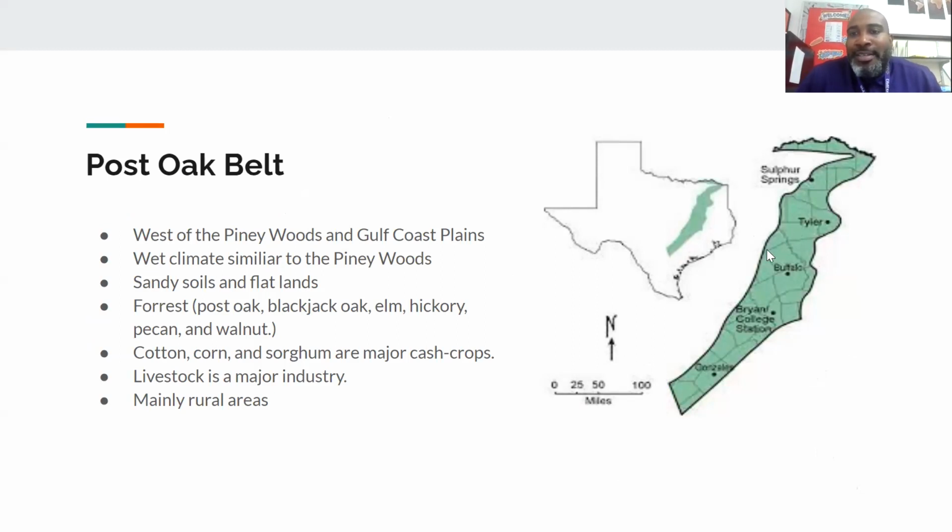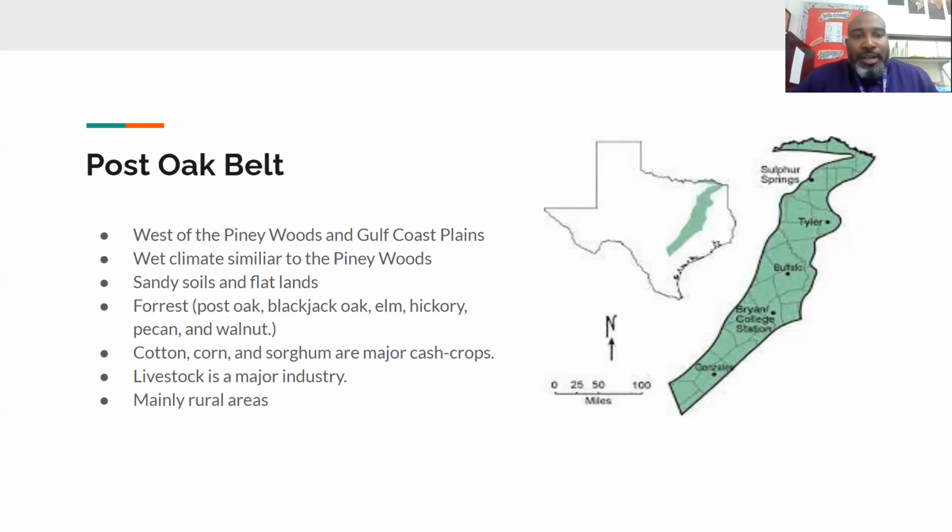It extends all the way up into Oklahoma, into East Texas, and goes down close to San Antonio in the Gonzales area. So once again, it's west of the Piney Woods and Gulf Coast Plains. It has a wet climate very similar to the Piney Woods. It has sandy soils and flatlands. Its forest produces post oak, blackjack oak, elm, hickory, pecan, and walnut trees.